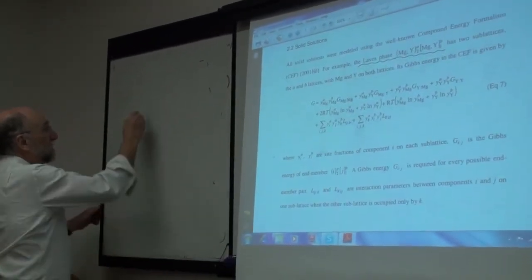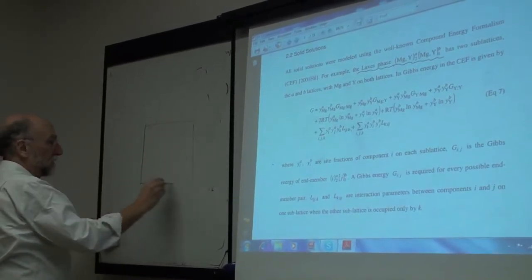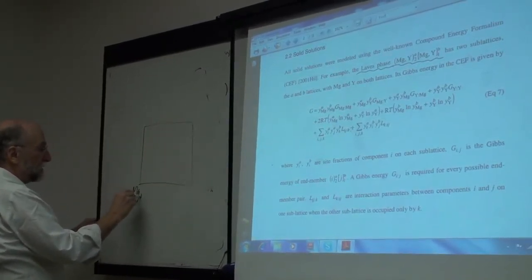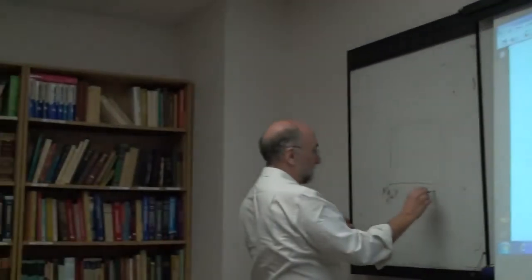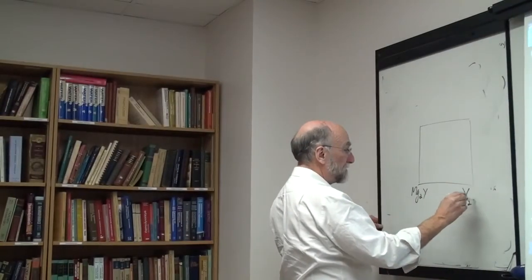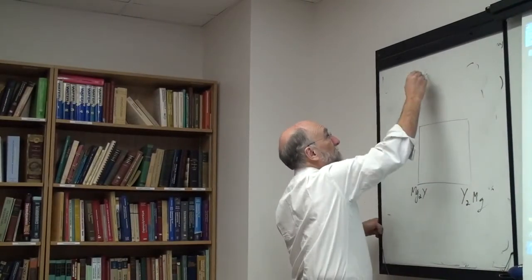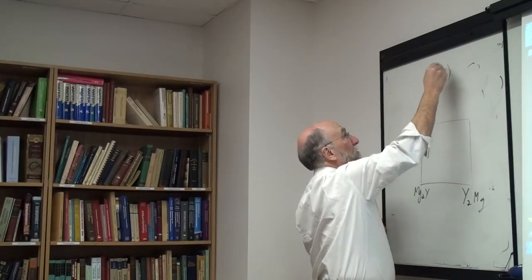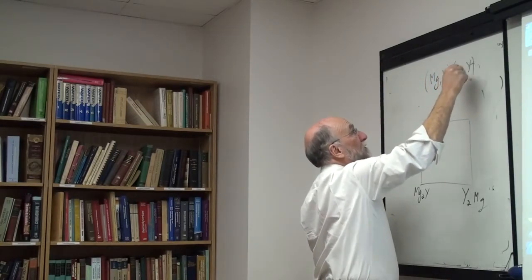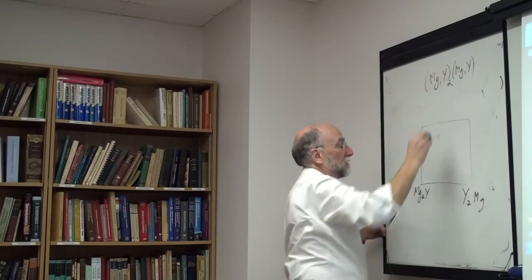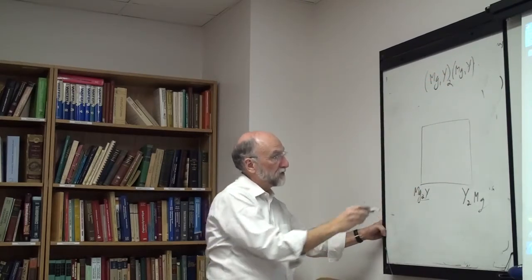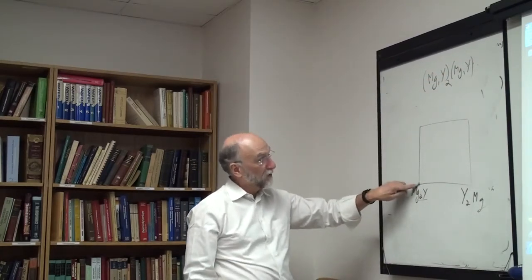We treat it as a reciprocal system. Here we have Mg2Y. Here we have Y2Mg. Let's go back to magnesium, yttrium. So here we have Mg2Y, which is your main member.